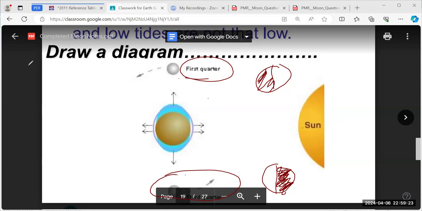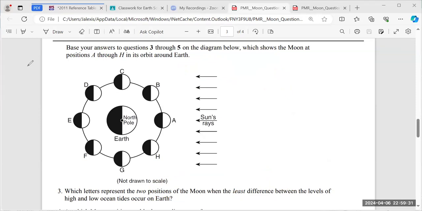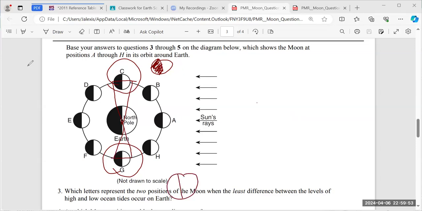All right. And so when I'm taking a look, I know my first and third quarter moon phases are going to be at C and at G. Because when I draw the moon phase, C is showing me that the lit portion of the moon is half, and G is showing me that the lit portion is on the other half.